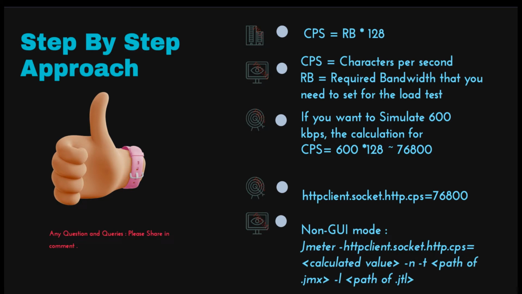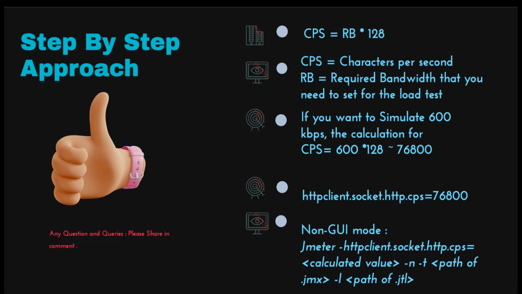If you want to simulate 600 kbps, the calculation for CPS should be 600 into 128, that is 76800.